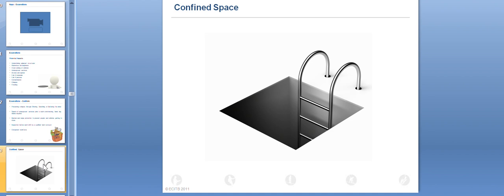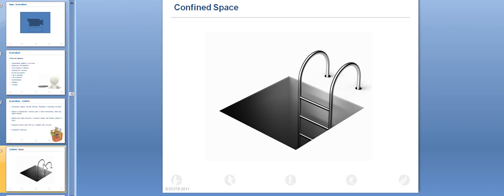A confined space is a location with limited access and egress points, no proper ventilation, no proper lighting or illumination, a lack of oxygen, and the possible presence of gases such as hydrogen sulfide, H2S. All these things are considered a confined space.